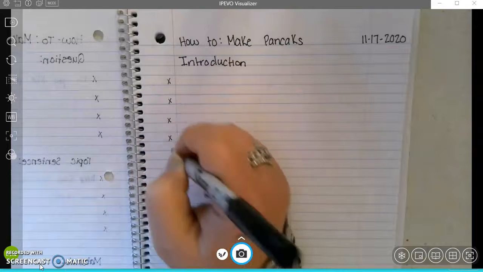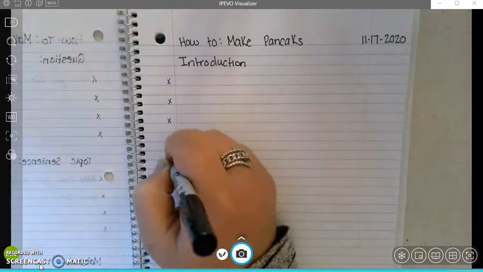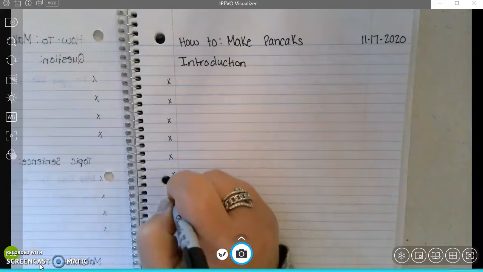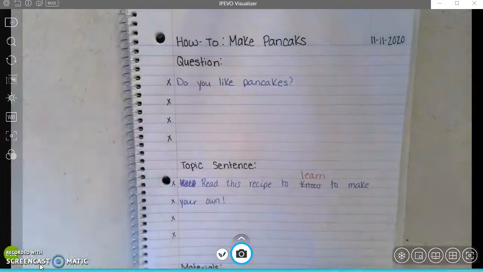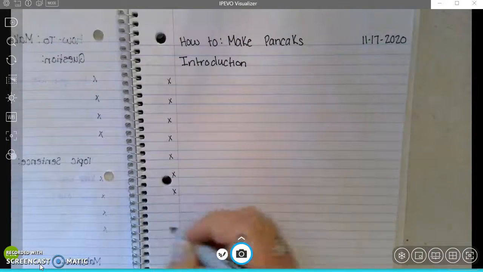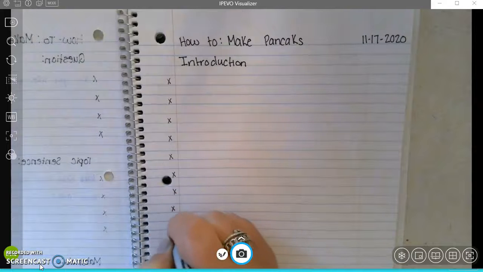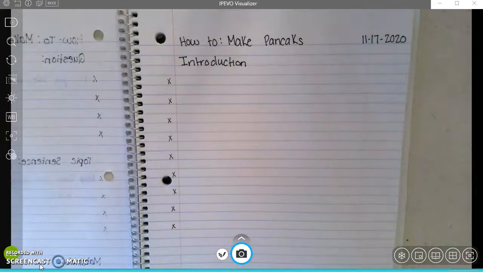So that way we remember. And you know, I just noticed that on this page I wrote on the lines that had the X's and not skipped those lines. But that's okay. You can either write on the lines with the X's or write in between the X's. Just as long as you're skipping a line.